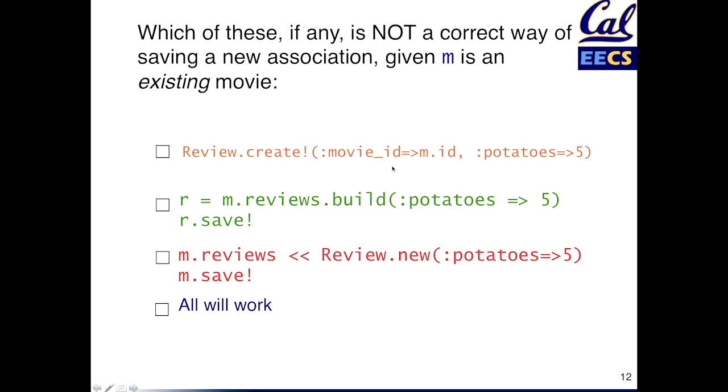We could pass a specific movie ID as the foreign key, and potatoes, that's just the actual review content. Or I could start with the existing reviews object and build a new review on top of it and then save it. Or I could add on to the existing reviews object a new review and then save that. Or maybe all three of these are valid. So take a look at that for a moment, and we will talk about the answer.